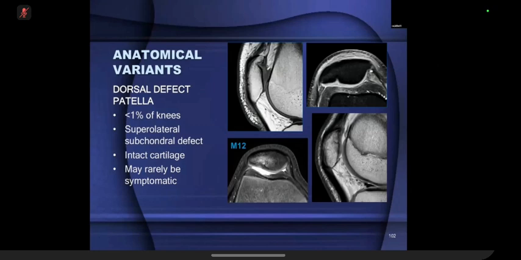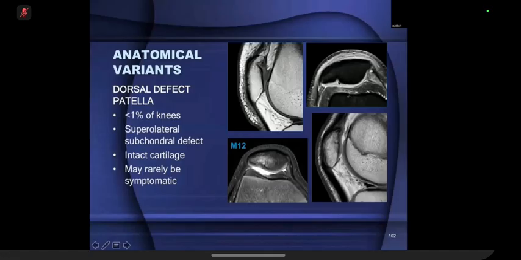This again is present on the supralateral side, the two important normal variants being present on the supralateral side of the patella. And in this case, what you get is a little bit of a dip of the subchondral bone. Notice the cartilage is normal. Remember, this is the hyaline cartilage. So what I told you earlier, unlike fibrocartilage, which is low signal on MR, hyaline cartilage is intermediate on non-fat suppressed and bright on fat suppressed sequences.